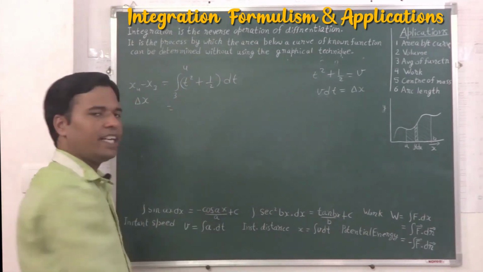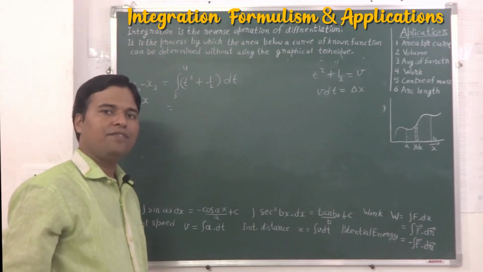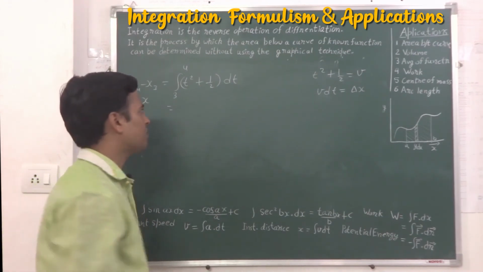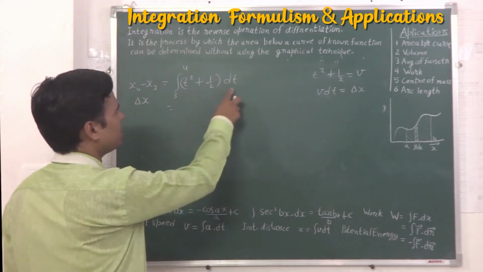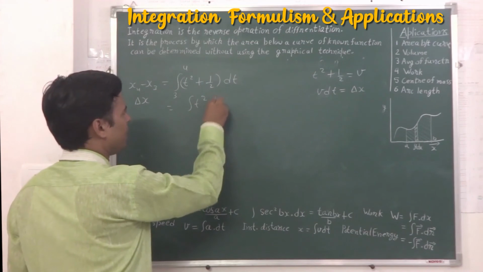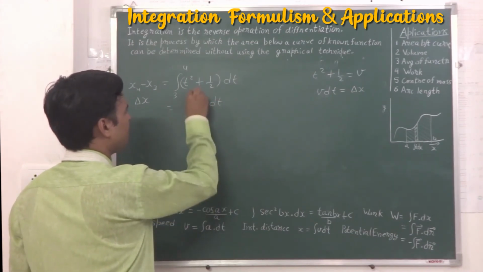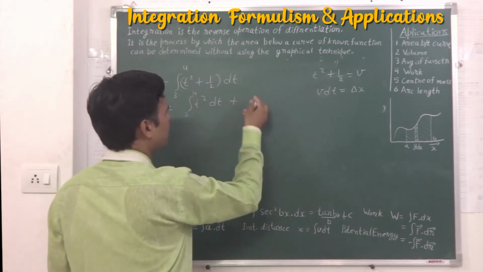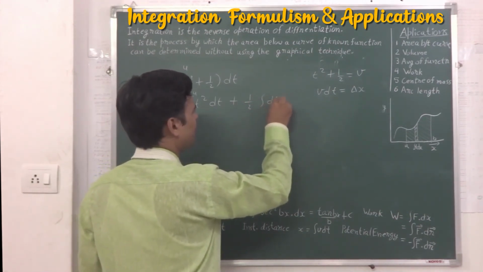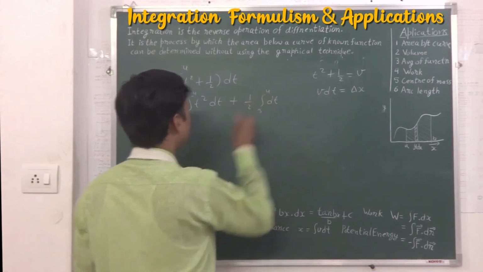Now use the formulas by which we can get the integration of x power n with respect to x. First, separate these two parts: integral of t square dt from 3 to 4 plus 1 by 2 outside, integration of dt from 3 to 4.